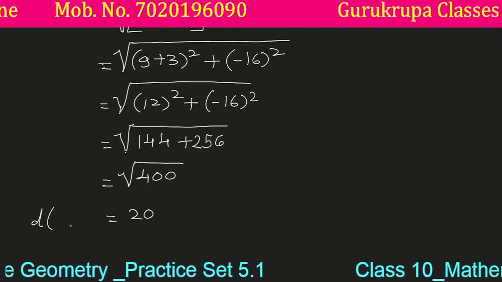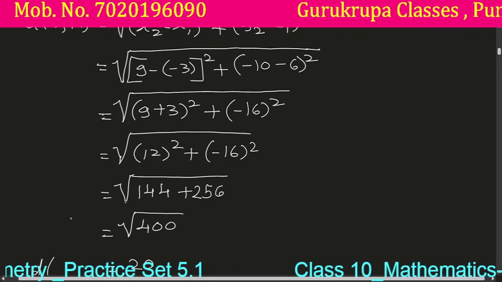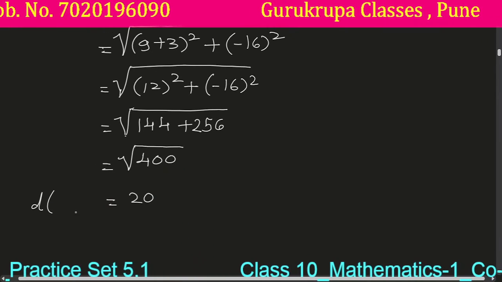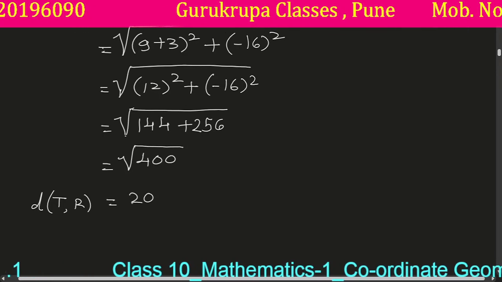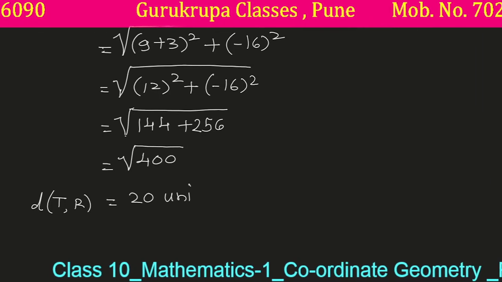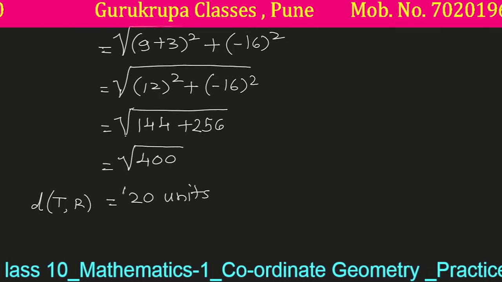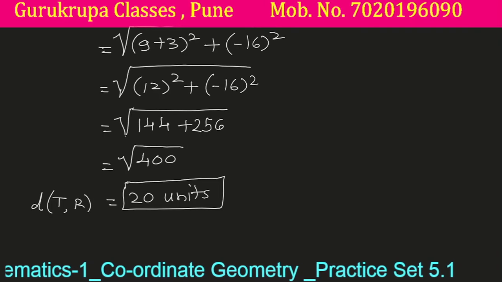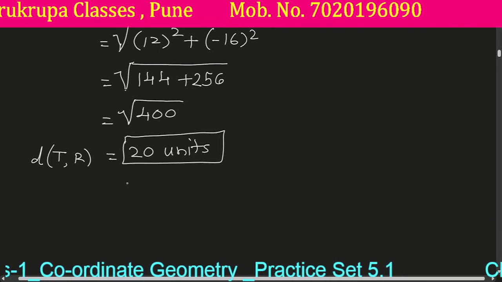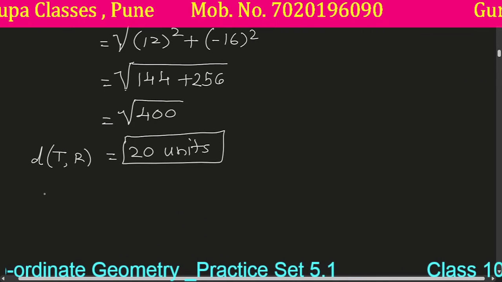So the distance between the two points, point T and point R, is 20 units. The answer we get here is 20 units. And distance will not be negative, so here we do not take the negative square root.